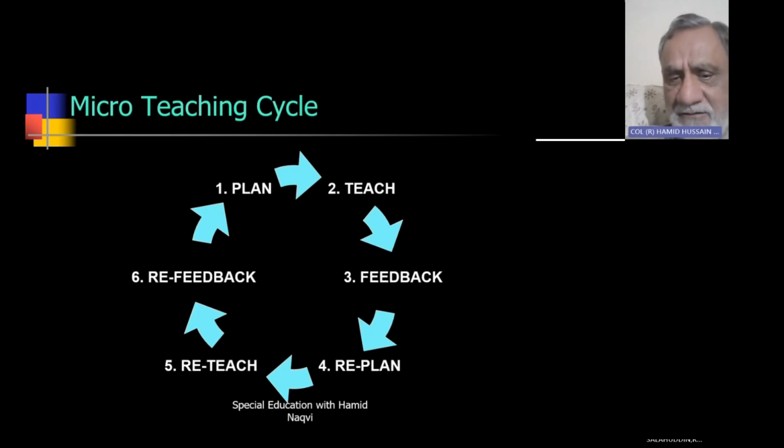After planning, that is lesson planning plus all activities planned, then the teaching is done, then the feedback is given, then based on the feedback the student teaches replans, and then reteaches, and then re-feedback. So this cycle goes on, and we try to achieve perfection in teaching as far as possible.